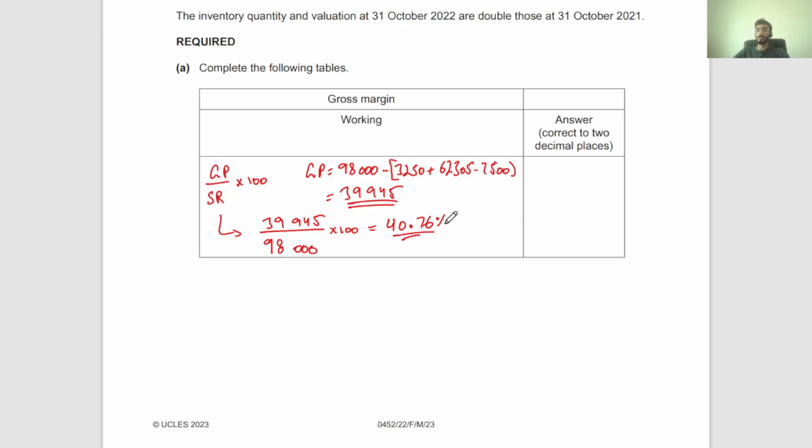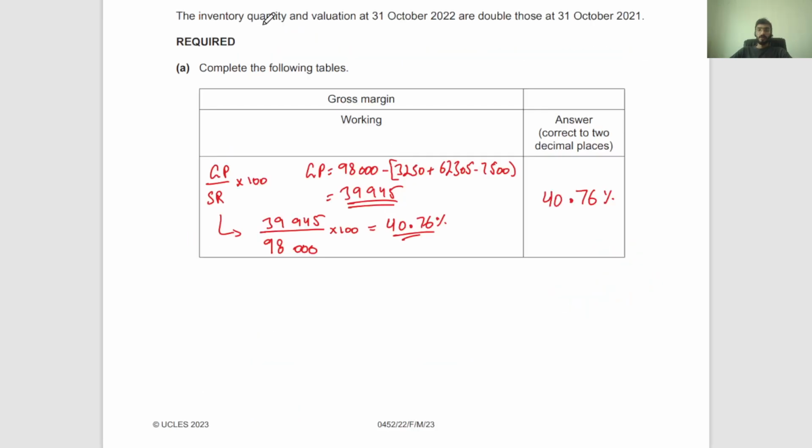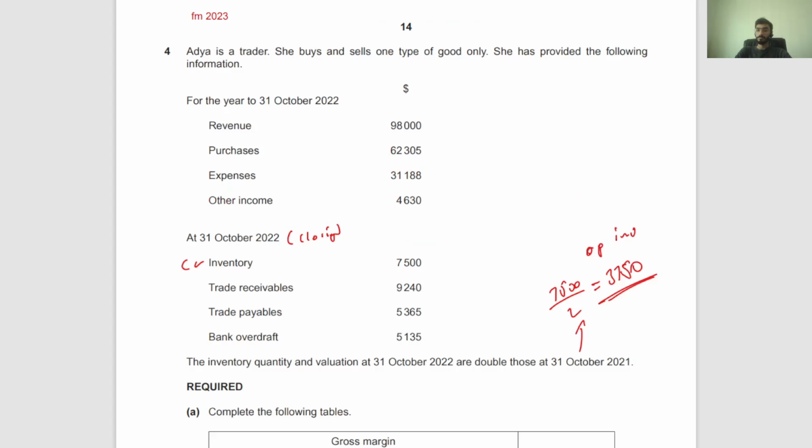The answer is 40.76%. Let's confirm everything is considered. Revenue, purchases, yeah, everything considered. Fine, let's move on, no mistakes.